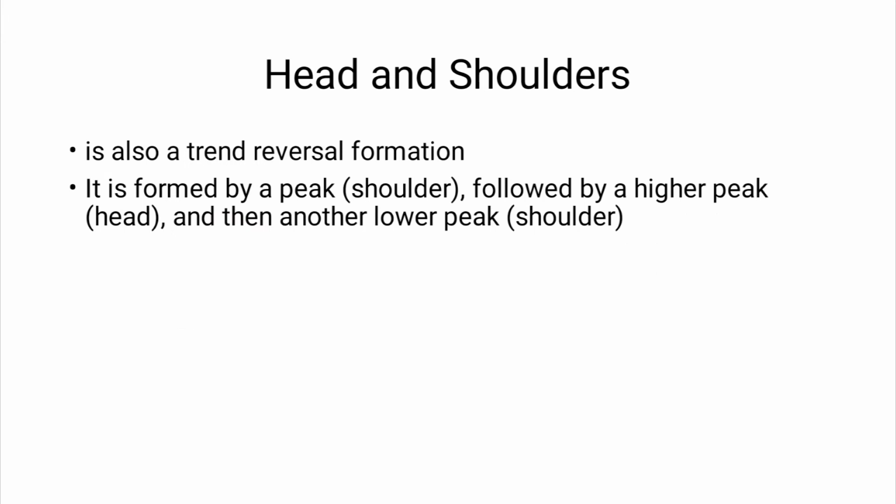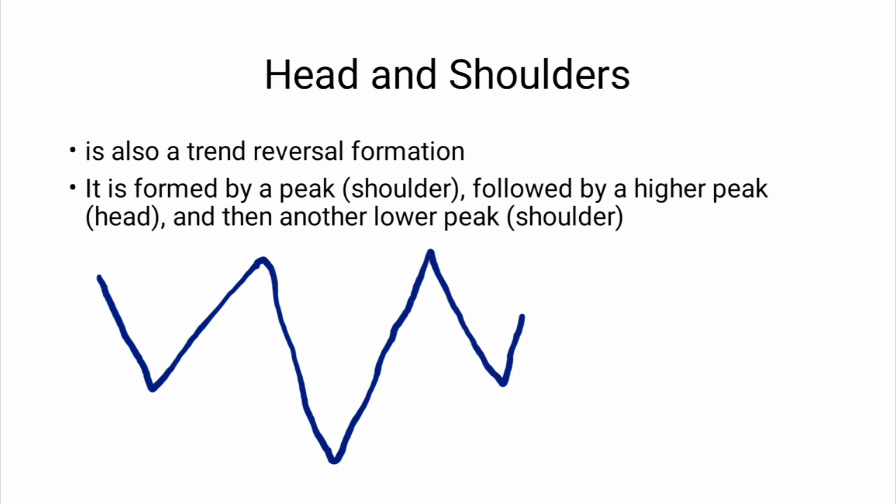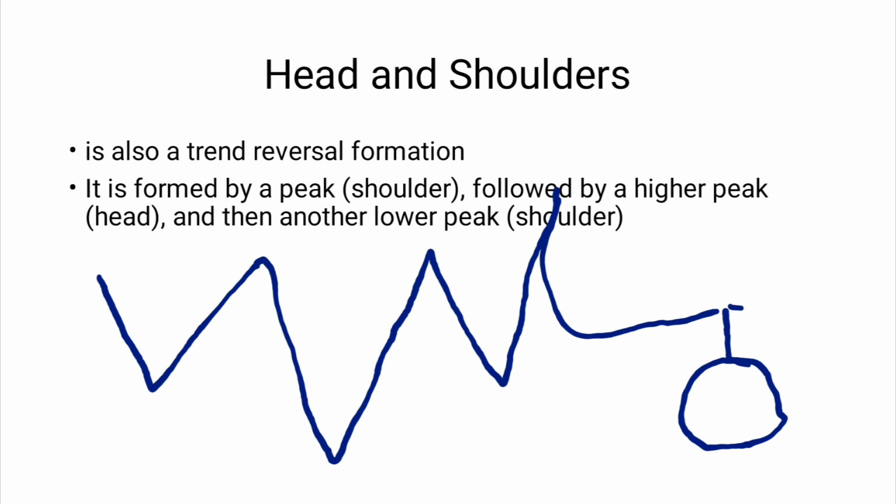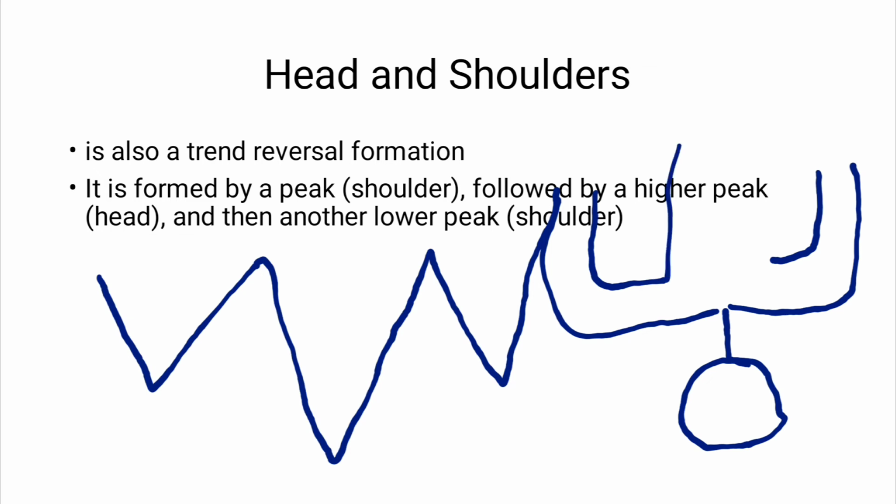So a head and shoulder pattern is also a trend reversal. The reason why it's called a head and shoulder is because it will be like this, and then we've got the head of a person, then the shoulder, and then the body.